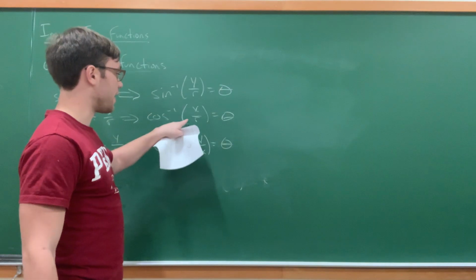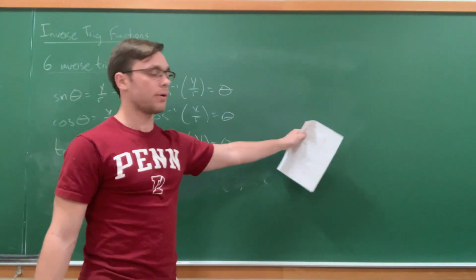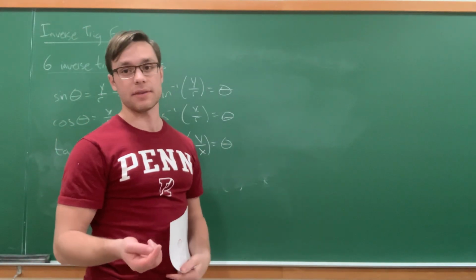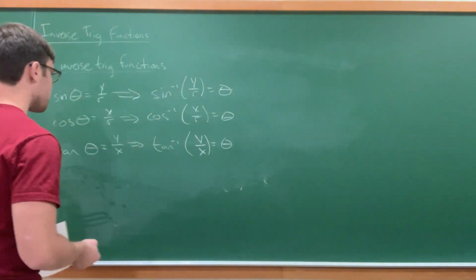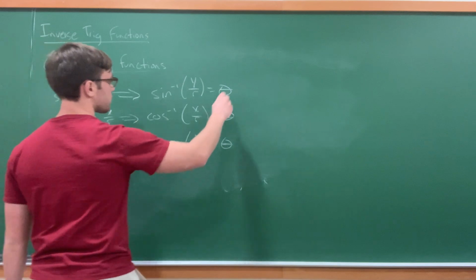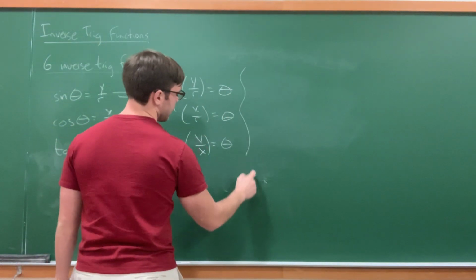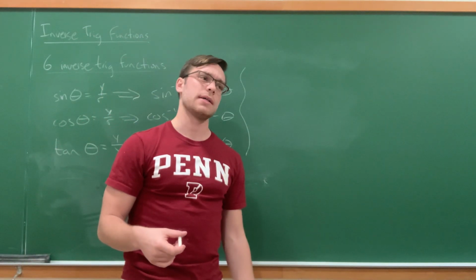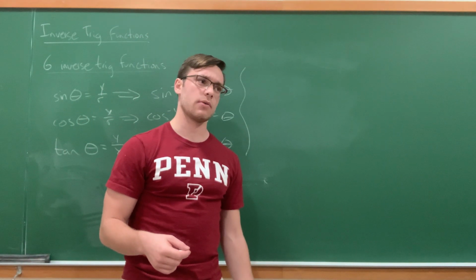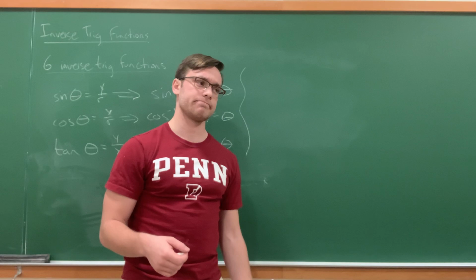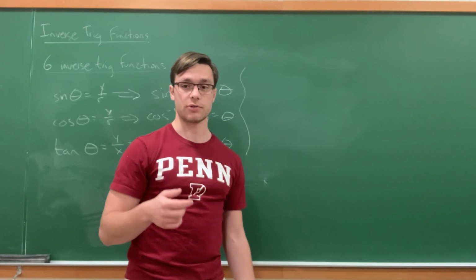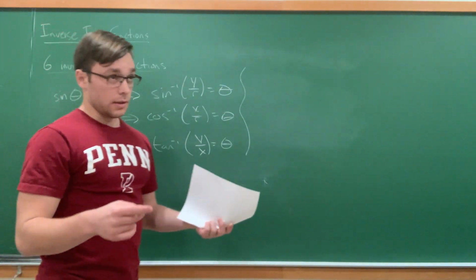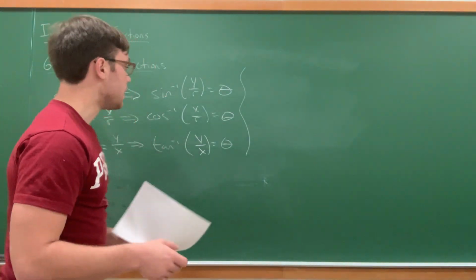The domain restriction for sine is followed by the domain restriction for cosecant. But don't worry, in this section we're not going to be talking much about inverse trig for the reciprocal functions: inverse cosecant, inverse secant, inverse cotangent.